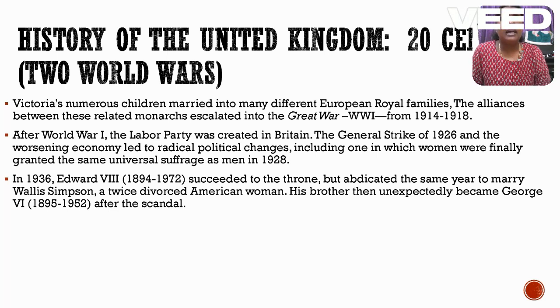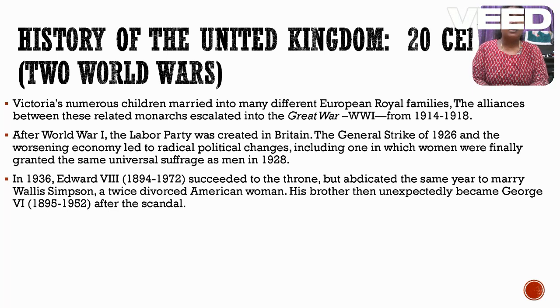So here in our 20th century, we find a lot of changes after World War One and World War Two, and also a lot of civil wars inside Britain. Elizabeth II reigned for a very long time, and she has made history, and her period is also termed a golden period for Britain.